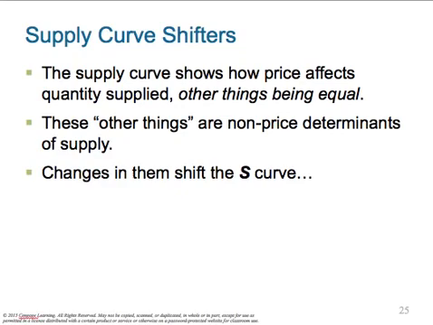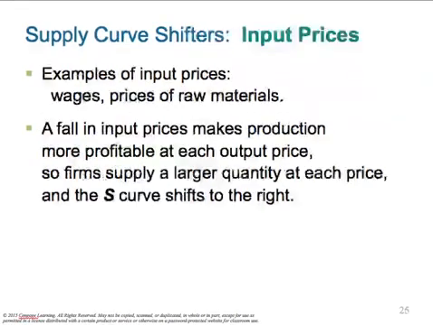Non-price determinants of supply simply mean the things other than the price of a good that determine the seller's supply of a good. So just like demand, price changes can move along the curve if we're talking about the product that we're interested in, like lattes. And then other things, non-price determinants, result in shifts of the curve. So shifts versus moving along.